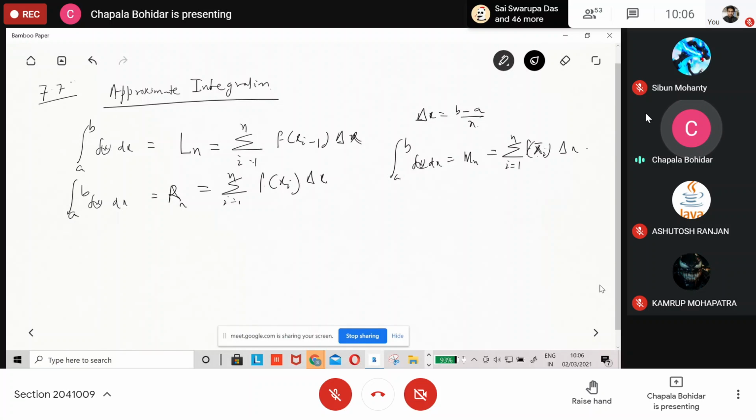Here you will find the area of the curve by using the trapezoidal method and by using the Simpson method. So what is our trapezoidal method? You see here, if I have a curve like this, from a to b, I divide this into 4 parts, n equal to 4.